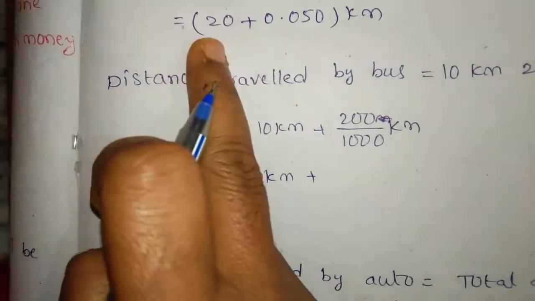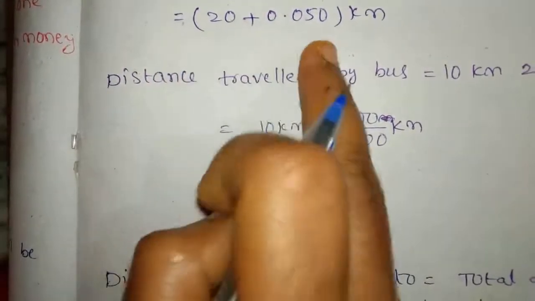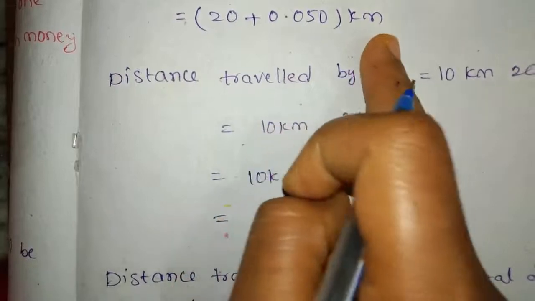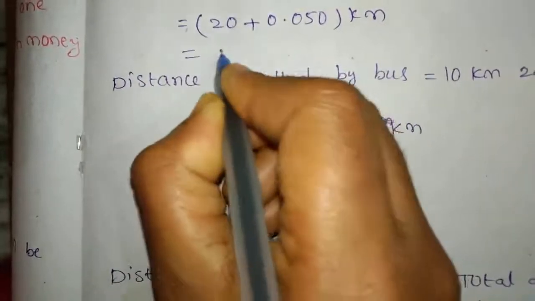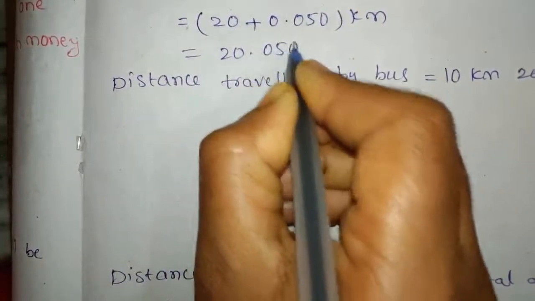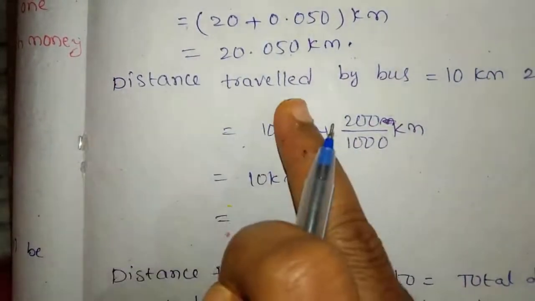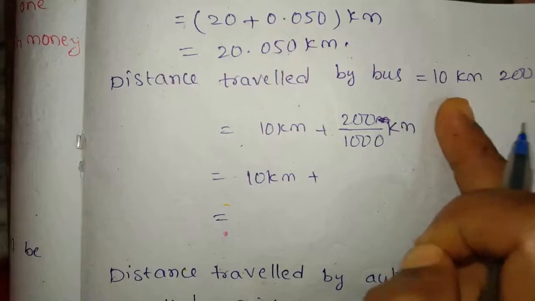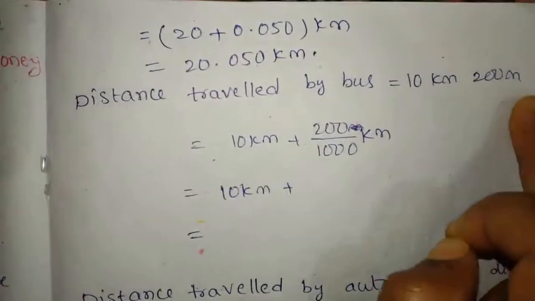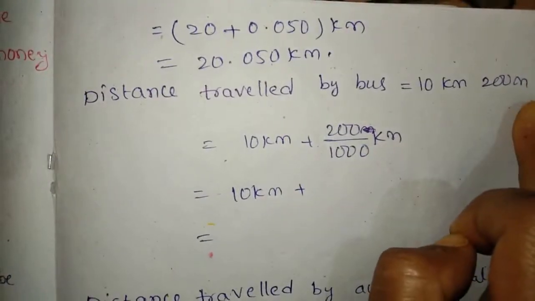Now, that can be written as 20 plus 0.050 kilometers. This is equal to 20.050 kilometers.